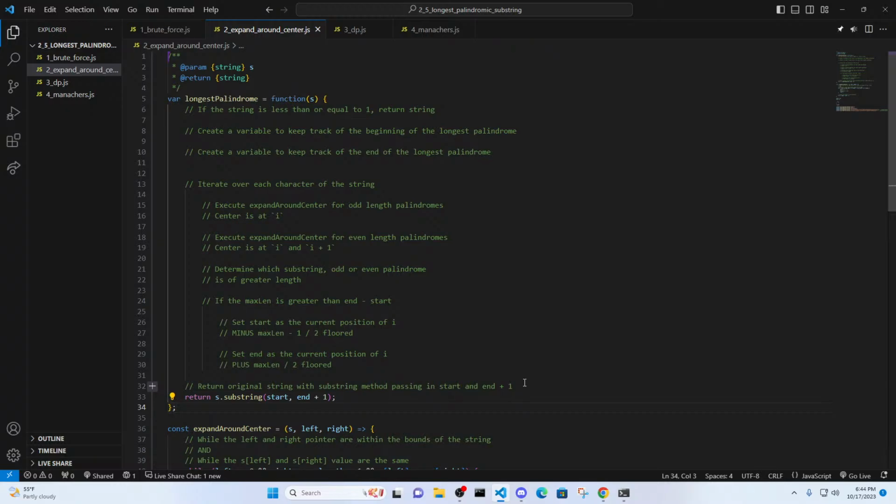Okay. Do you have any questions on it? Just for this condition, this works for odd and even size substrings?